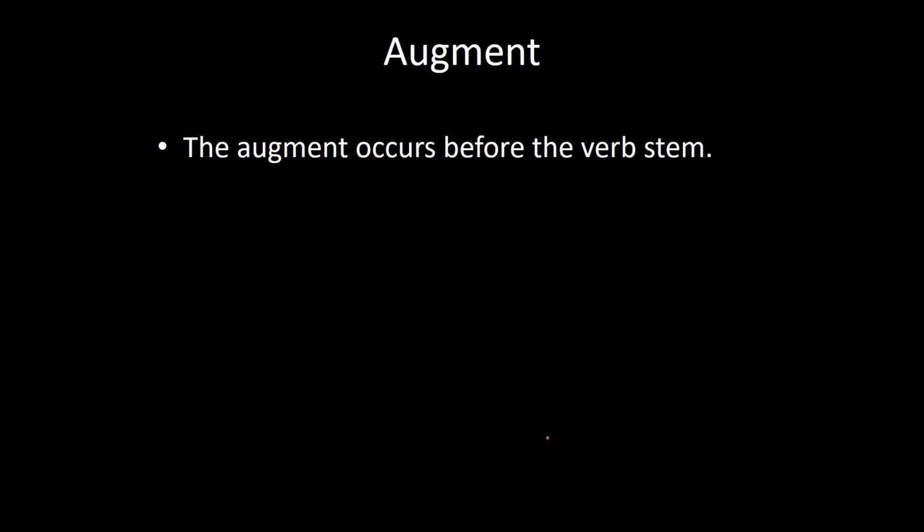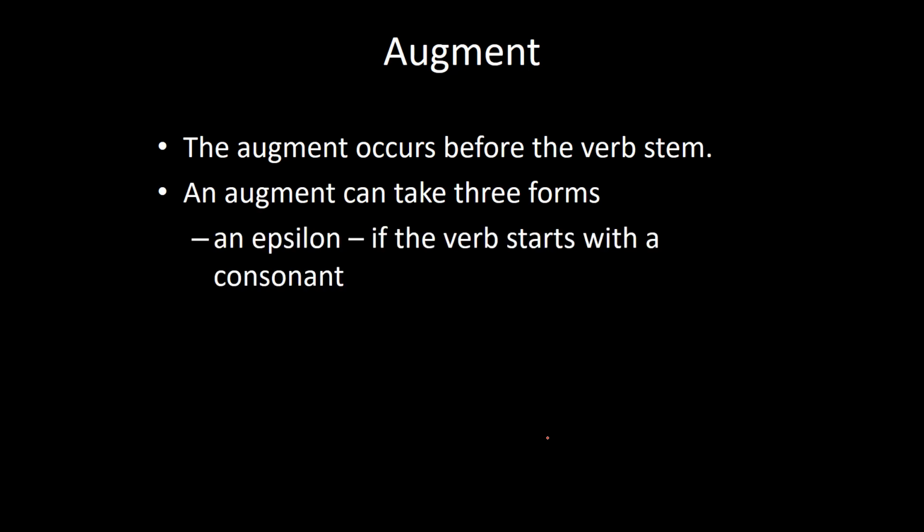So what is an augment? The augment is something that's going to come before the verb stem, and it can take three different forms. The most common, I would guess, is the epsilon. You're going to put an epsilon right before the verb stem if the verb starts with a consonant.